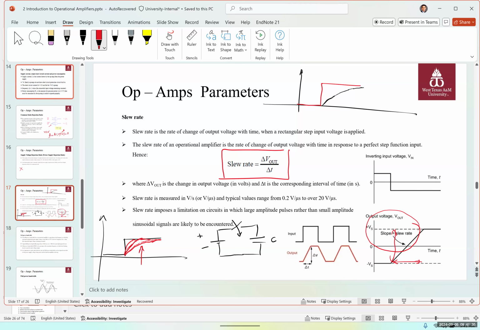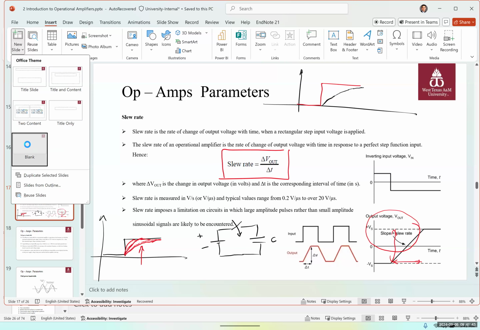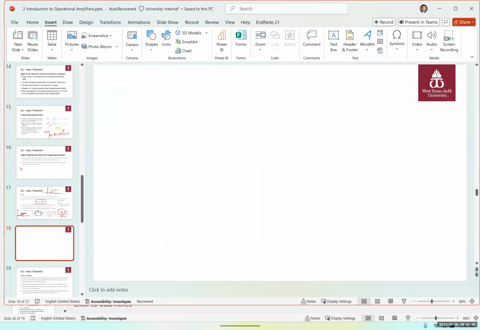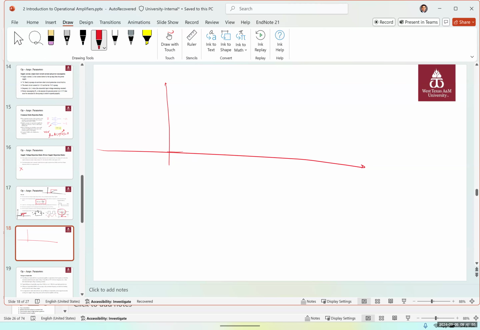So imagine that we have a switching system. Let me add another slide. Instead of that capacitor, imagine that we have a very large capacitor or something like that.